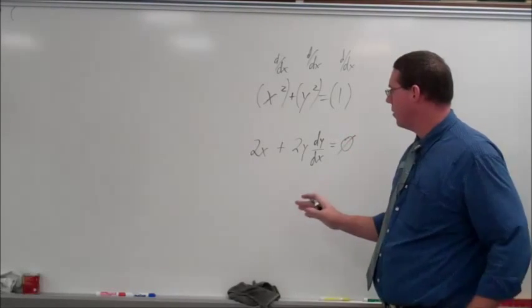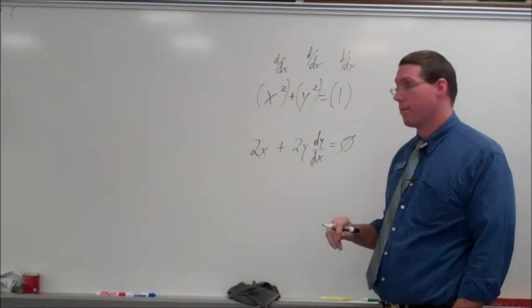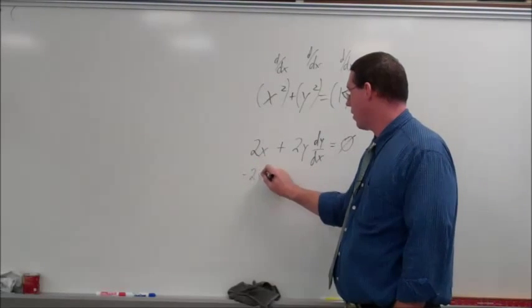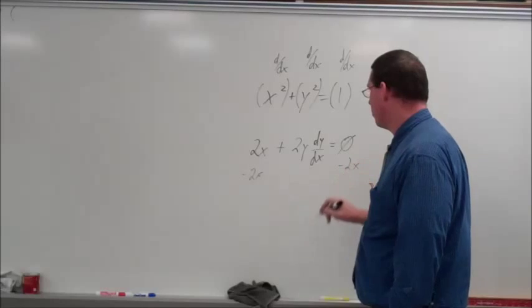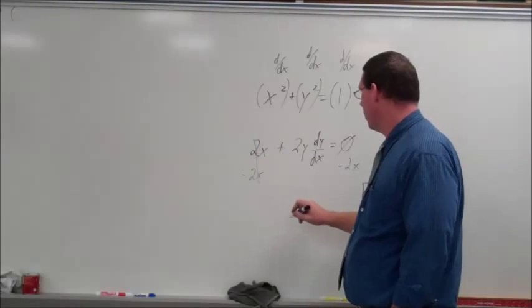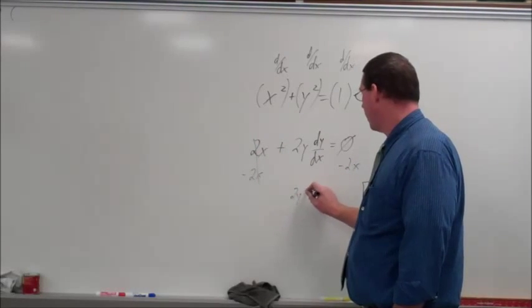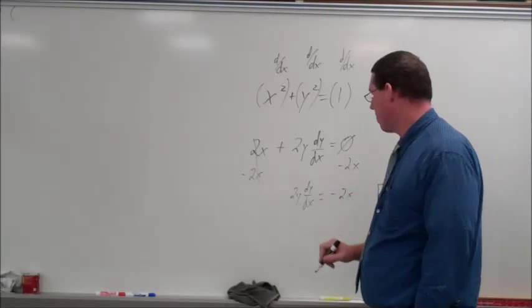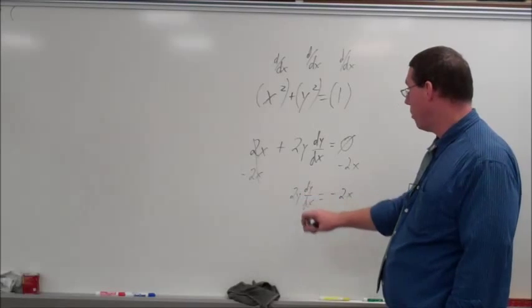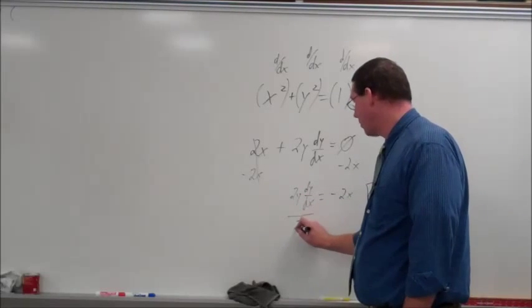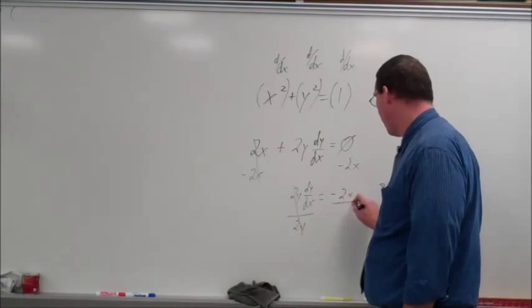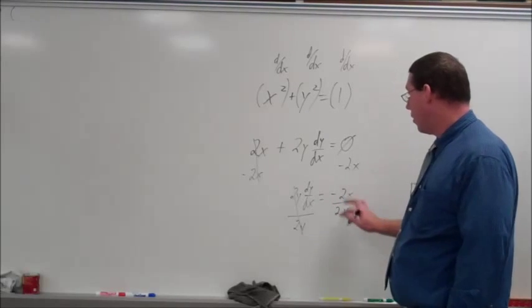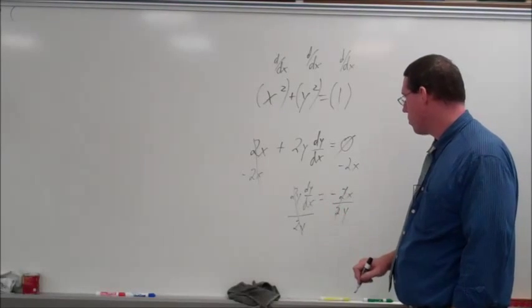Then I said you have to solve for dy/dx. So we move the 2x over, minus 2x, cancel, and now we have 2y dy/dx equals negative 2x. We want to get dy/dx by itself, so we divide by 2y, which cancels the 2y, and over here it cancels the 2s.